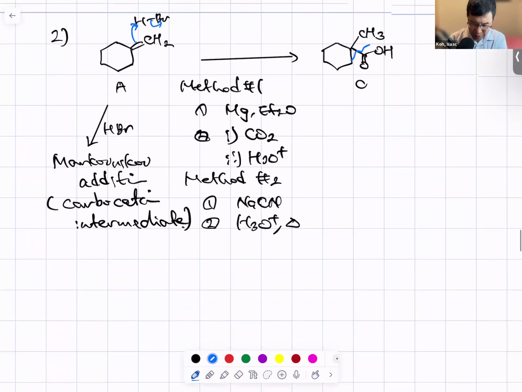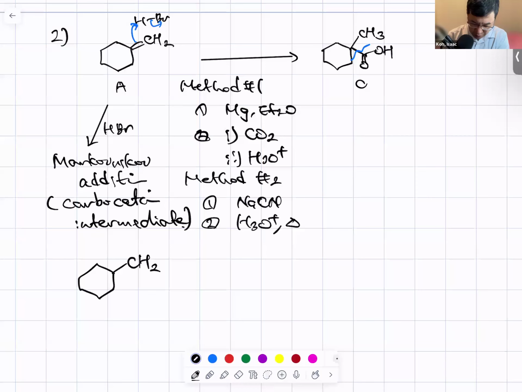It will generate a carbocation intermediate here, with hydrogen added to the terminal carbon, and we'll have a tertiary carbocation. And for this tertiary carbocation, bromide ion is a strong nucleophile, so the bromide ion will attack the carbocation center.